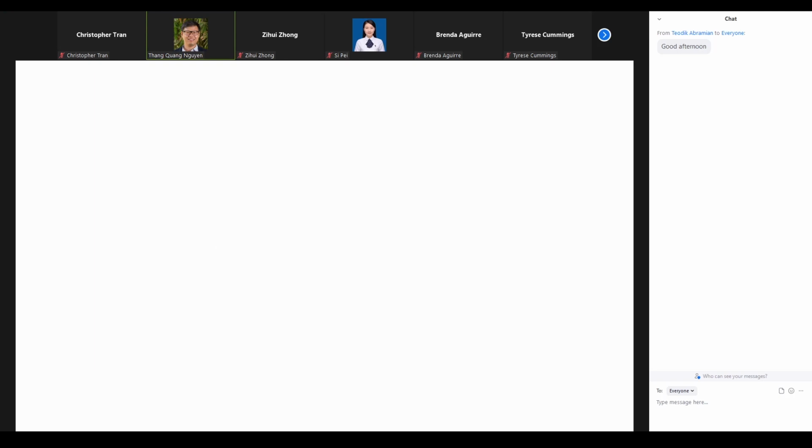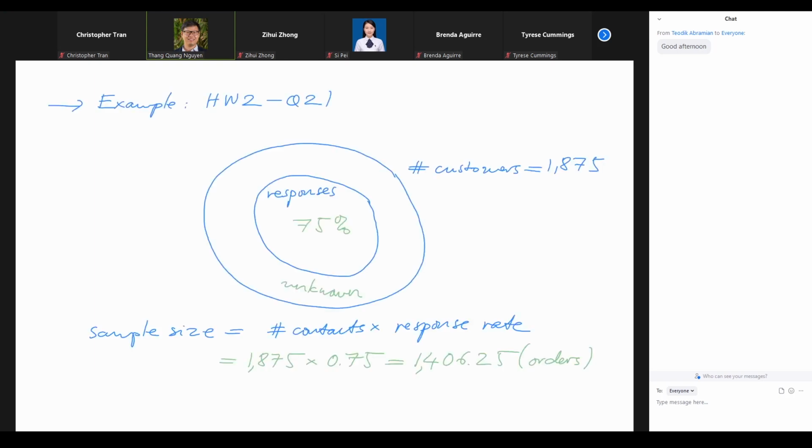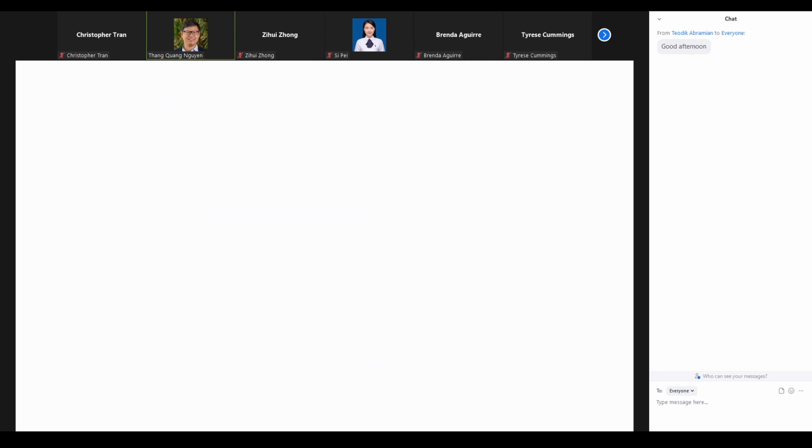In part A, we need to calculate the defect per unit, or DPU.